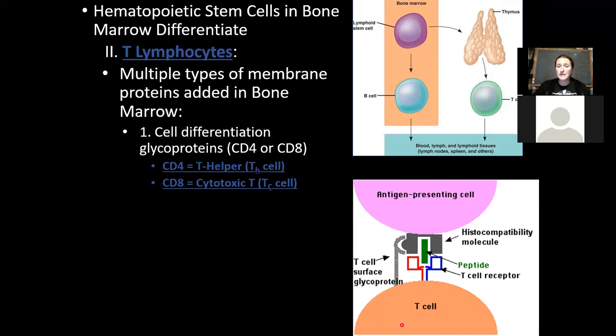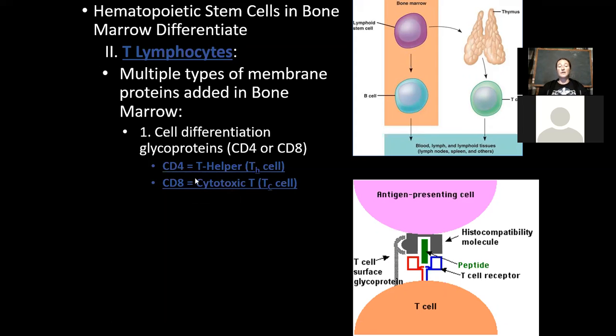Right, so what we can see here is a T cell. There are different types of glycoproteins on the surface of the T cells. Ultimately, the type of glycoprotein, either a CD4 or a CD8, is going to determine the name of this particular T cell. The two main ones that we're going to talk about are the T helper cells and the cytotoxic T cells.